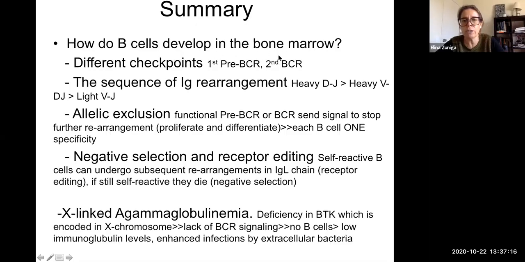The second checkpoint tests the rearrangement of a functional light chain, producing a functional BCR, associated with a mu chain that has already been rearranged and checked.